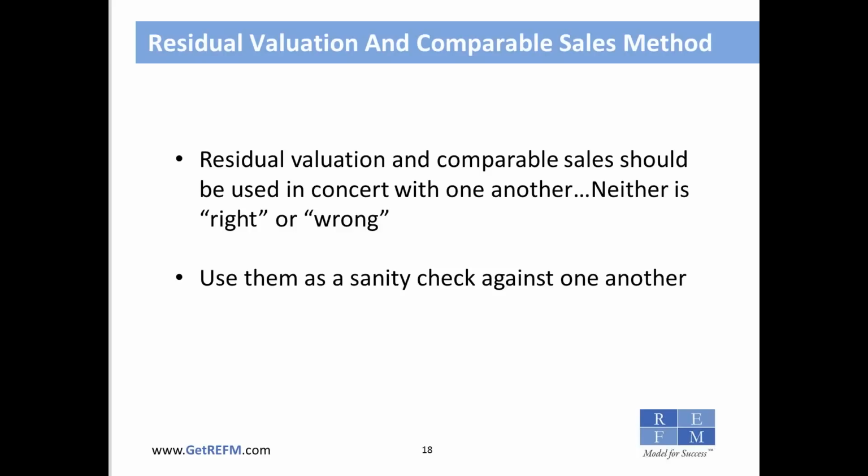Okay, and so the conclusion here is that neither one of these methods is right or wrong. They're both valid, and really what we want to do is use them in concert with one another, okay, and use them as a sanity check against one another.